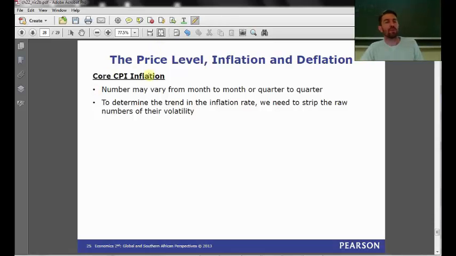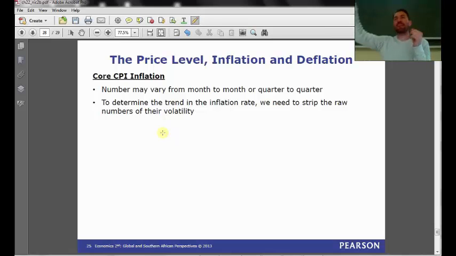So when we measure inflation based on the CPI, of course, that number may vary from month to month or from quarter to quarter. And so to determine the trend in the inflation rate, what we tend to do is strip the raw numbers of the volatility. So when you see measures of inflation, for example, Stats will say inflation for the first quarter of this year was 5.6%.